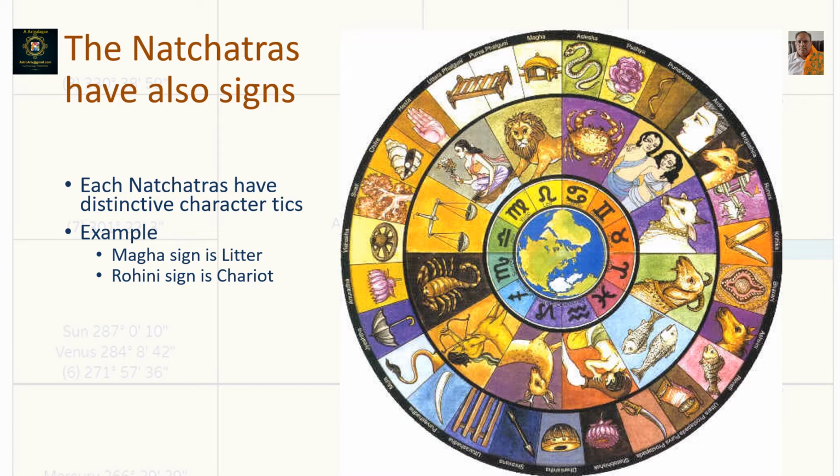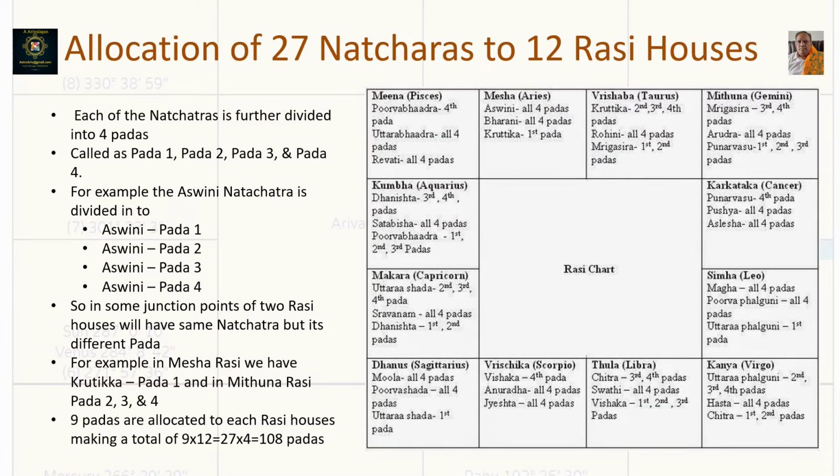But you will also see another detail here. It is given more clearly in this table in the astrology horoscope chart, where we are telling where each Nakshatra is located. You can see Mesha Rasi, which has all the planets. Ashwini is there, Bharani is there, Krittika is there, and Krittika is also there in Vrishabha. That is one thing you have to understand.